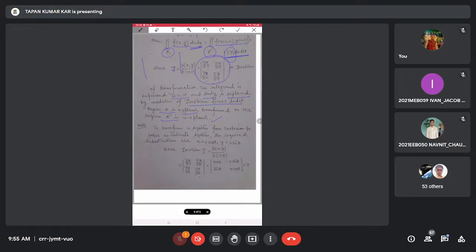So dx dy will be r dr d theta, and if the region is R, the integral of f(x,y) dx dy over R becomes the integral over R dash of f(r cos theta, r sin theta) r dr d theta. So whenever you are given a transformation, you have to evaluate the Jacobian.